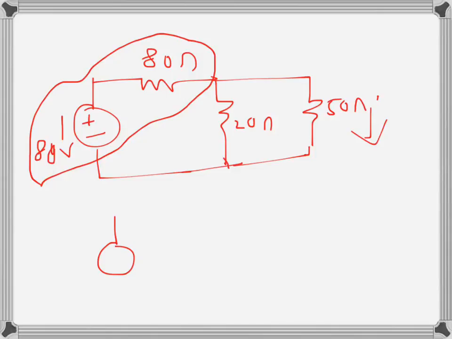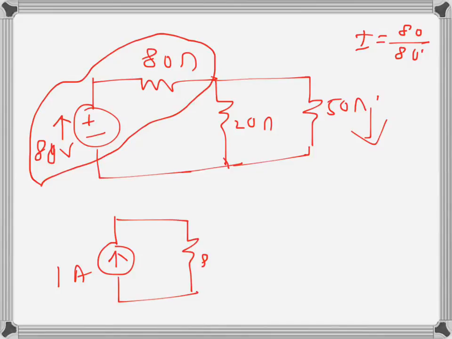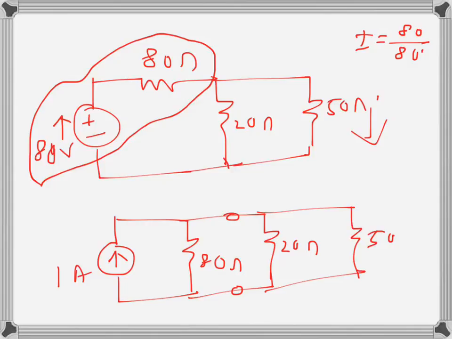The current will be upwards here as it was there, and I will be 80 volts over 80 ohms, so it will be 1 amp. The resistance will be 80 ohms here, and it will come in parallel. The 20 ohms resistance stays there. Up to here is the transformation, and then it is 50 ohms there.